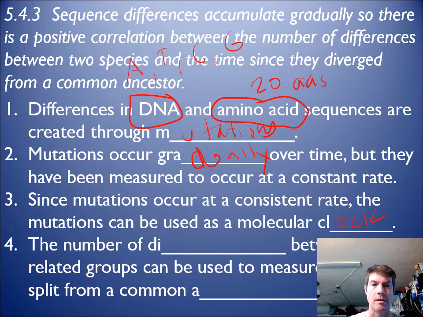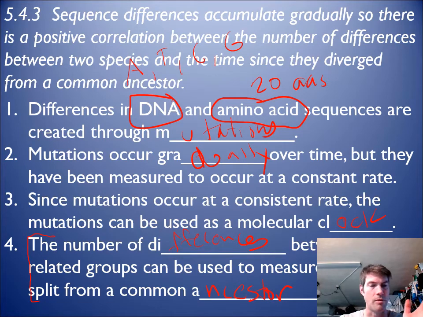And when we categorize organisms, the number of differences between groups is used to measure how long it's been since they split from a common ancestor. So for humans and something like the chimpanzee, that's about 5 million years before we were related, and then we branched off.